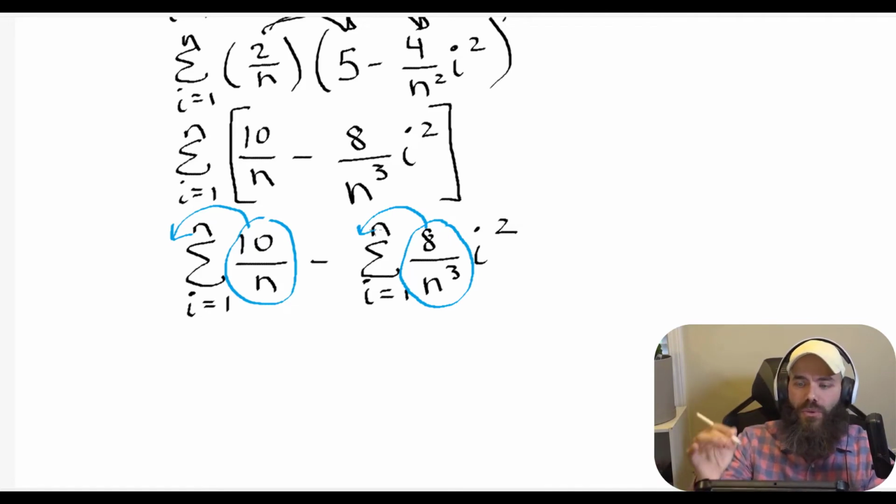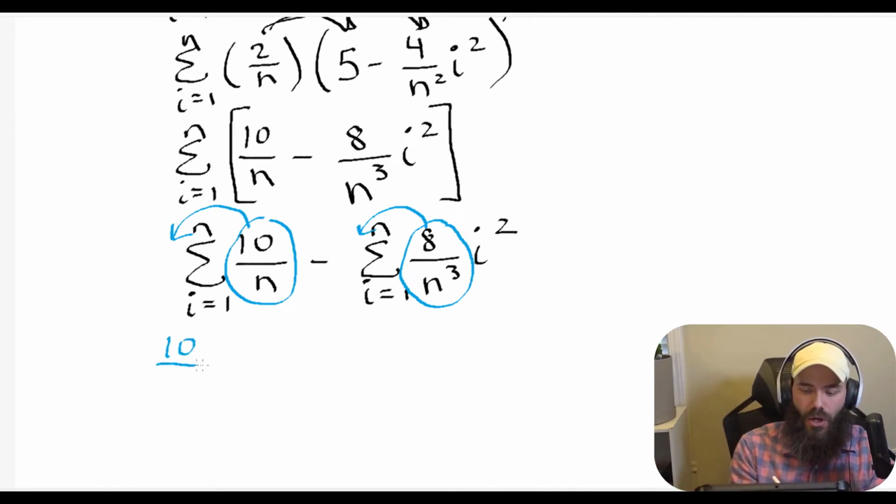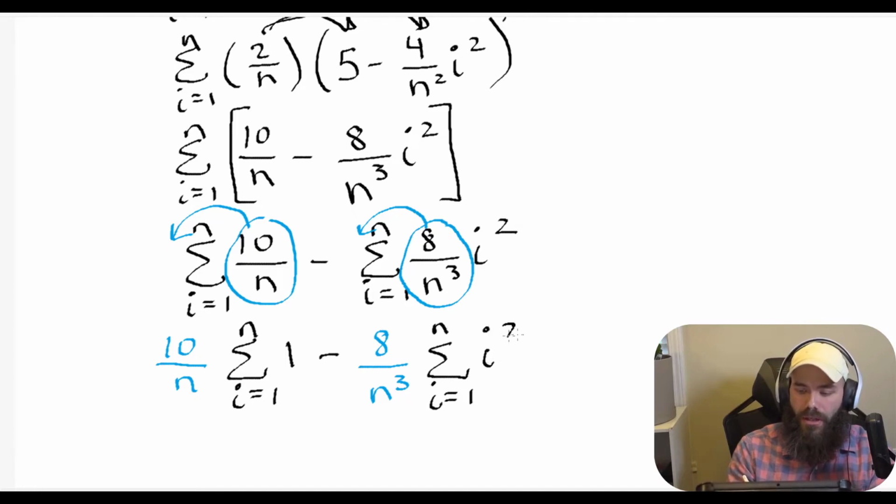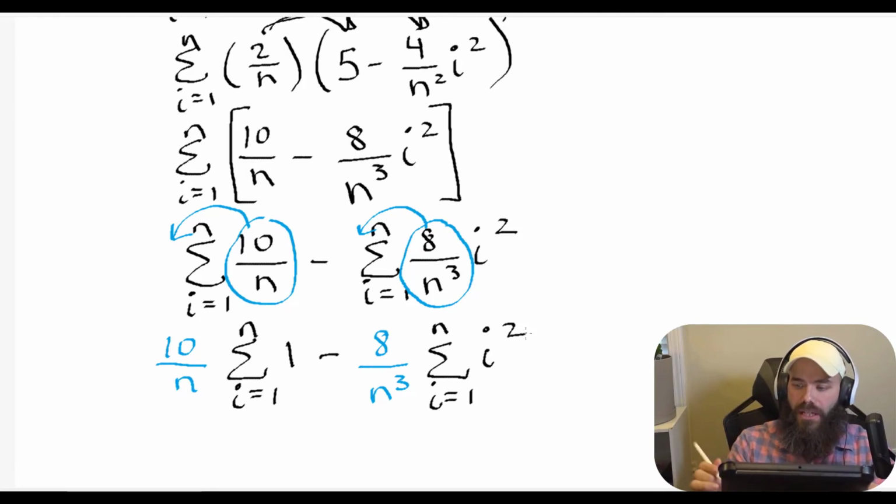All right, when we do that, we'll have 10 over n, and then the sum of i going from 1 to n of 1 minus 8 over n to the third times the sum from i going from 1 to n of i squared. And now you have to remember some explicit formulas in these summations. So let's scroll.